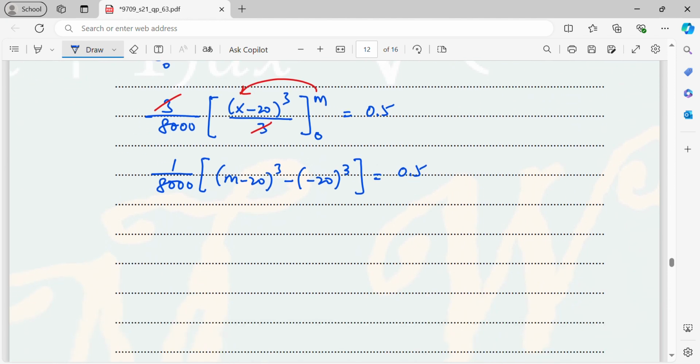Okay, then now here times the whole equation by 8,000. So I will get m minus 20 cubed minus 20, you cube it, it will be minus 8,000. That equals to 0.5, equals to 8,000 times 0.5.